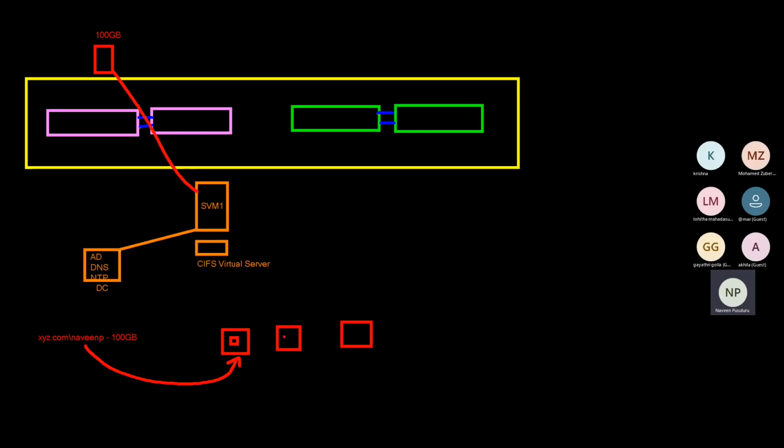That is how the CIFS protocol will work. Instead of this server, he can log into another server and access the same storage because he's using the same user account which the storage is linked with. The only thing is he has to use the same account to log into the server. Then only he'll be able to access it. Is it clear? Any questions so far?